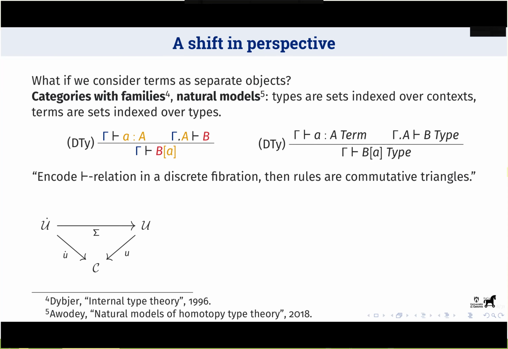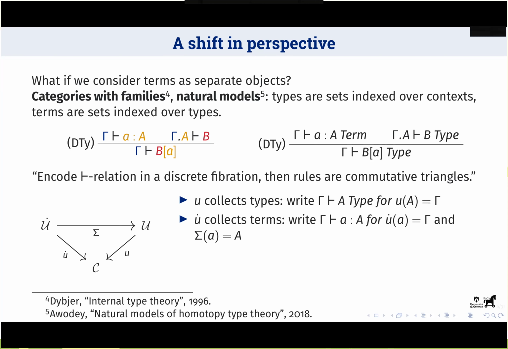Then we have a relation connecting types and terms, and that is the sigma that you see there. We write that A is a type in context gamma if the object A is in the fiber of gamma, and we say the same for small a, and the typing of small a is computed by sigma.